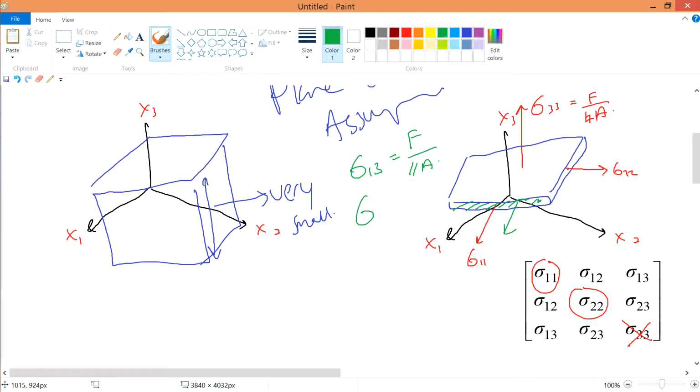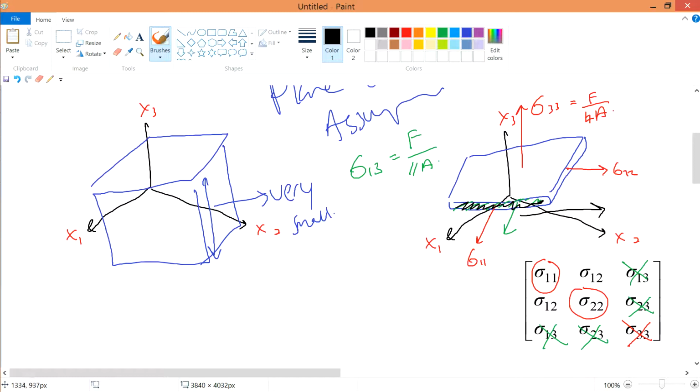Likewise for sigma 23, this is the shear force acting parallel to its area, and therefore the stress is so low that we actually neglect it. For stress 12, it is acting on plane 1, acting in the 2 direction, going in this direction.